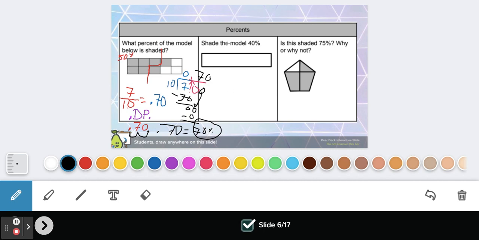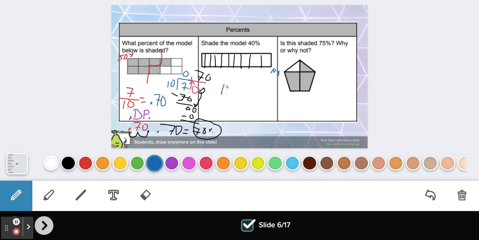Now the next one, shade the model for 40%. This one we can cut into 10 equal pieces. 1, 2, 3, 4, 5, 6, 7, 8, 9, 10. I know they're not that equal, that's my bad, but it's hard with the mouse. Ideally this should be 10 equal pieces. To represent 40, remember, out of 100.